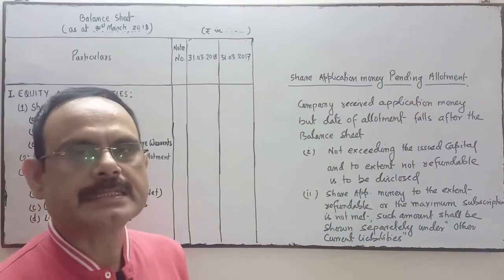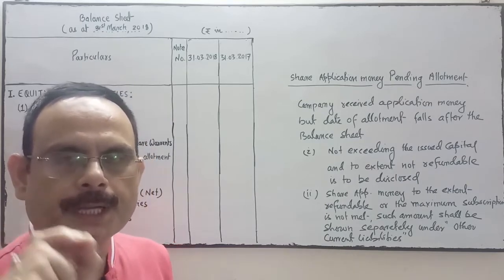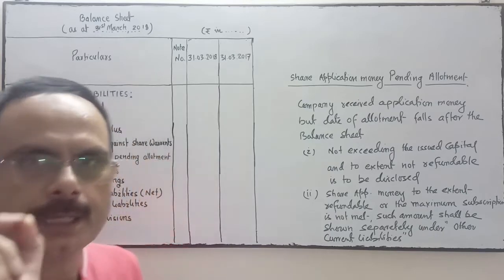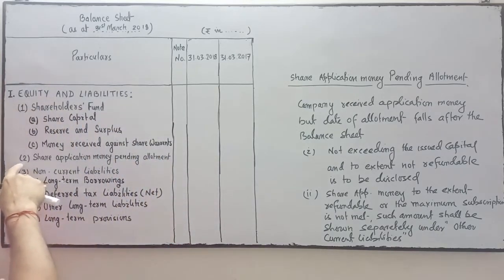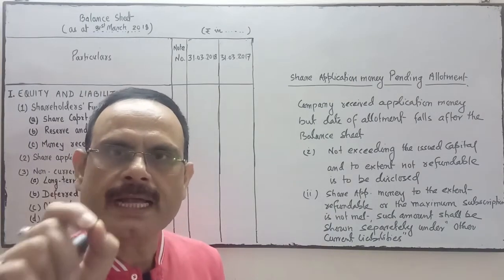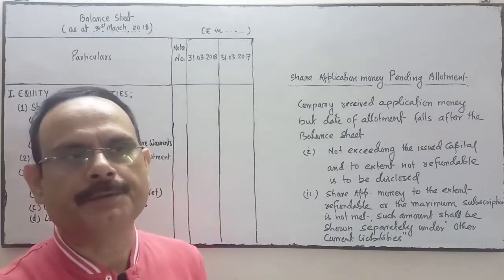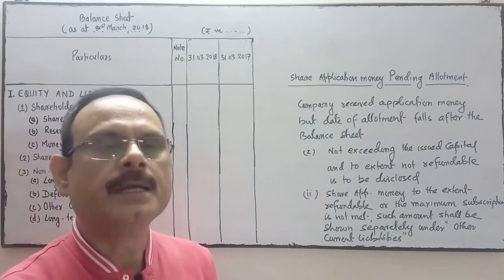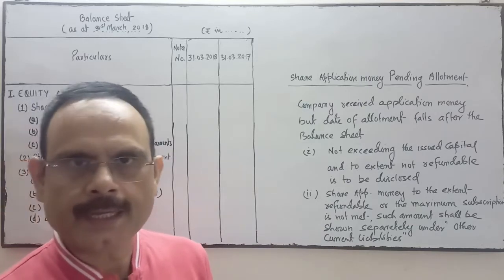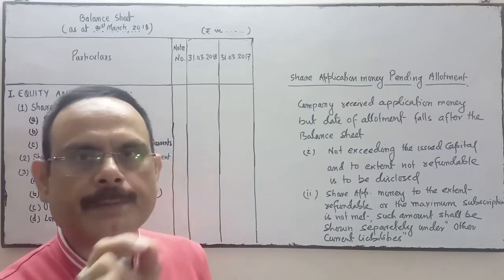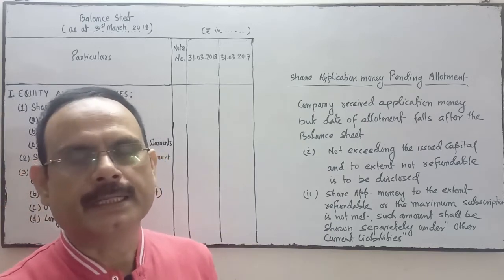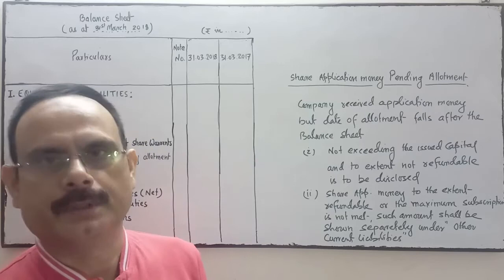Next item is share application money pending allotment. Second one, share application money pending allotment. The company has received the application money from the applicant, but the allotment is not done. The amount will not be refundable. This will definitely be allotted. It is not mentioned that the amount will be refundable.